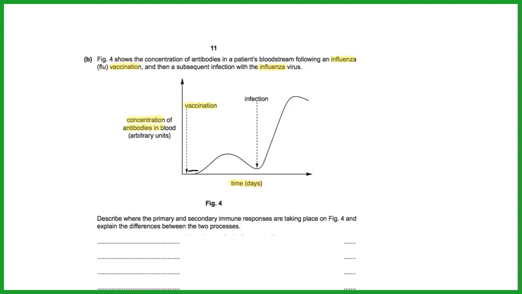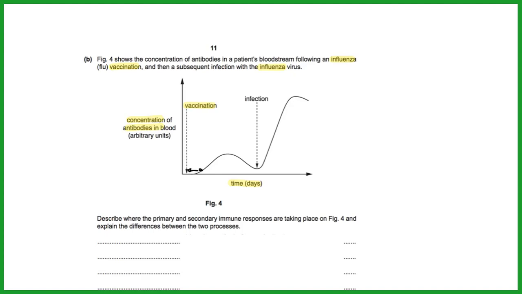Well, we're going to have the primary immune response, which is clonal selection and then clonal expansion. So it's about finding the correct T cell and B cell which possesses a receptor on the surface which is complementary to the antigen which will be presented by the antigen presenting cells after the vaccination.